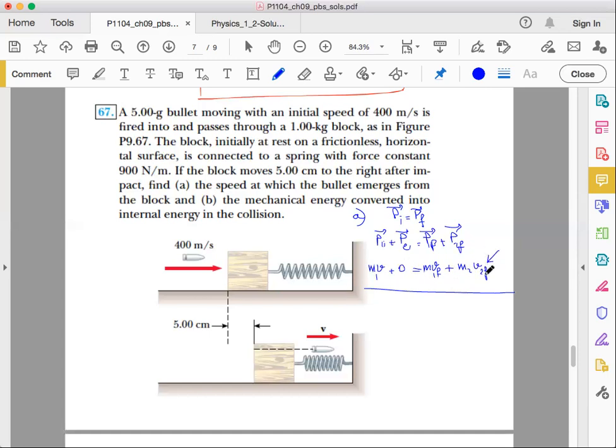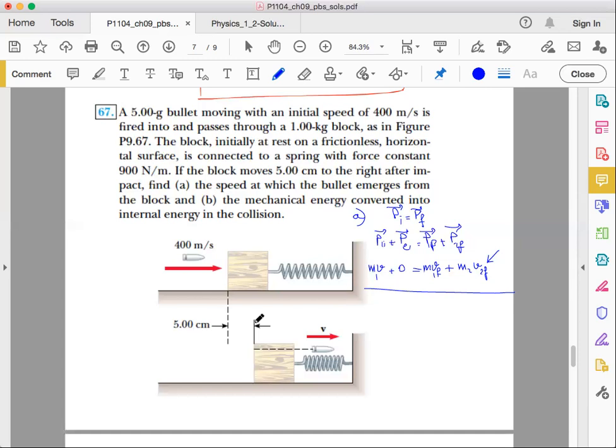Now, what do we know about the block, which we call M2? We know that right after the collision, this block has moved on the horizontal surface and made a compression of the spring by 5 centimeters to the right.